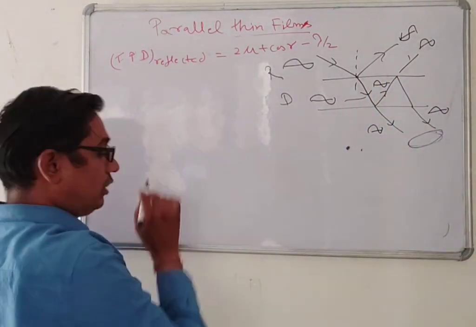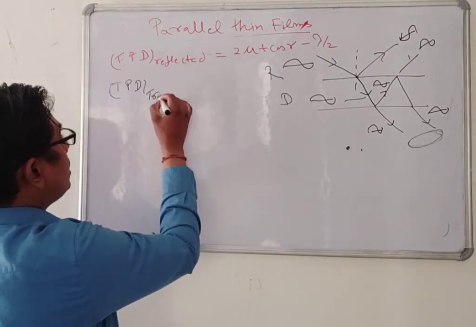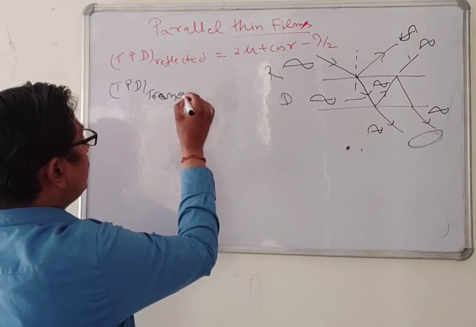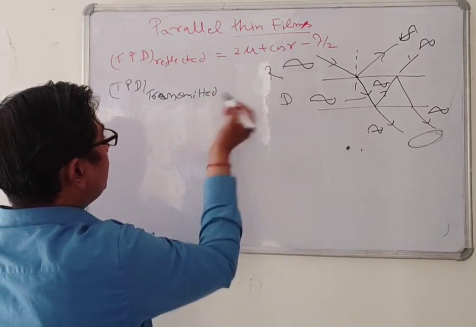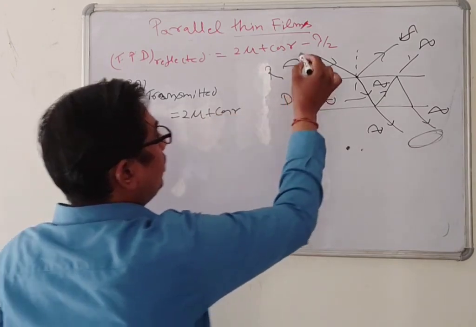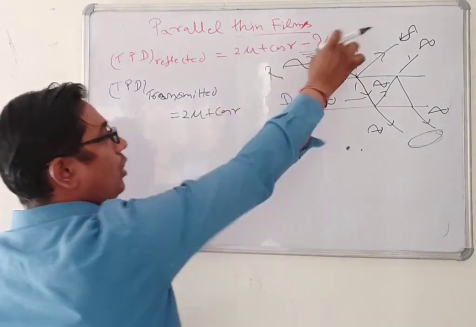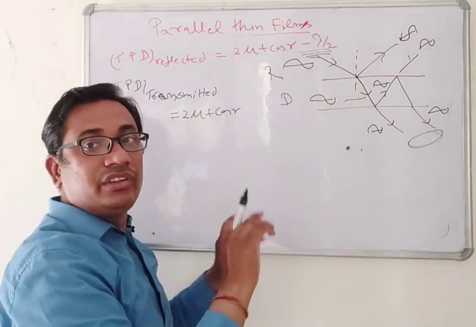So in case of the transmitted condition, the total path difference is 2 mu t cos r. We will not use the lambda by 2 term, because this term comes, you know very well, only when the phase really changes.